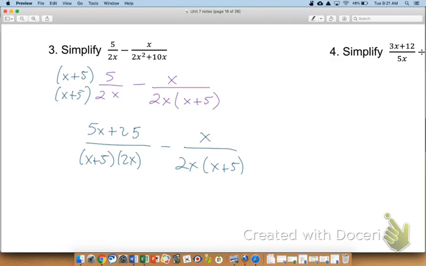And now that I do have common denominators, I can combine. So I'd go ahead and do the subtraction. 5x minus x is 4x. There's nothing like the 25. I end up with this right here. And I am done. There is no further simplifying or combining of anything that I can do there, unless I wanted to distribute in the denominator, but I don't have to do that.